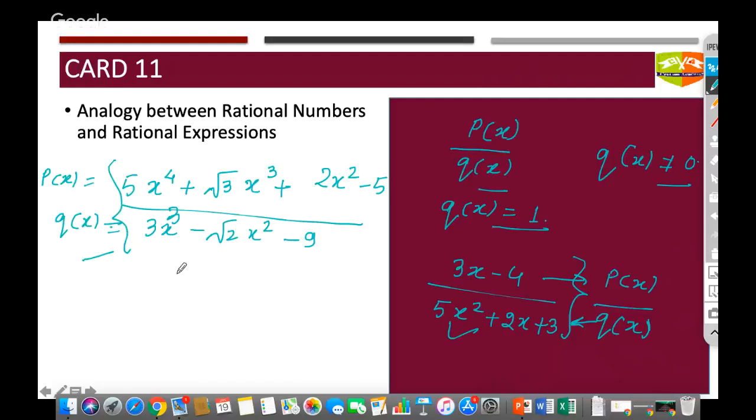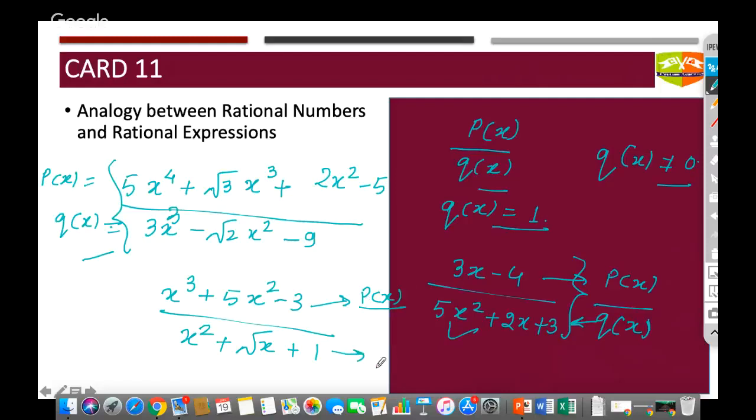But what about this which I'm going to write? x cube plus 5x square minus 3 divided by x square plus root x plus 1. Now the numerator polynomial is okay, but what about qx? qx is not a polynomial, because here the power is not an integer, it is a square root which has been involved here.